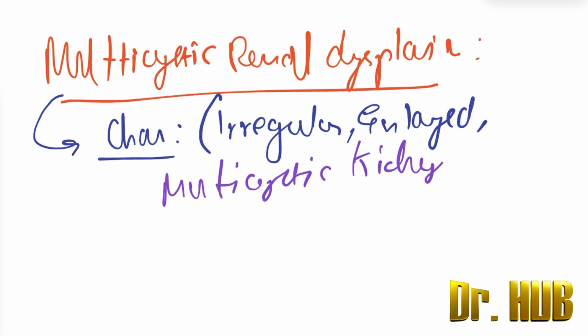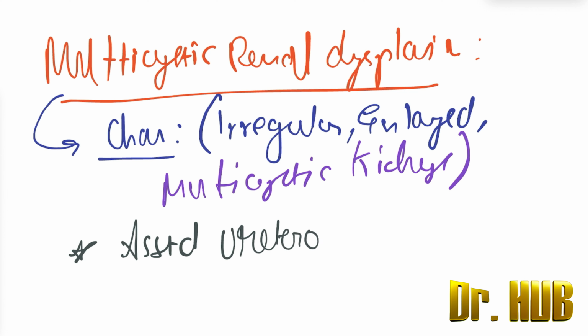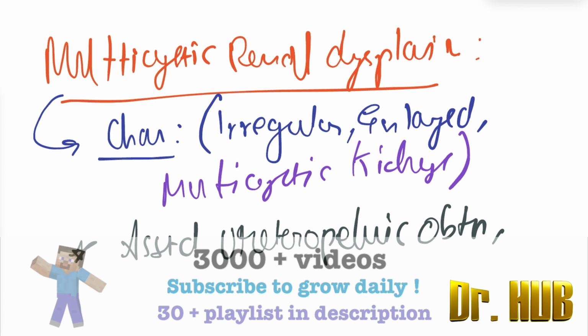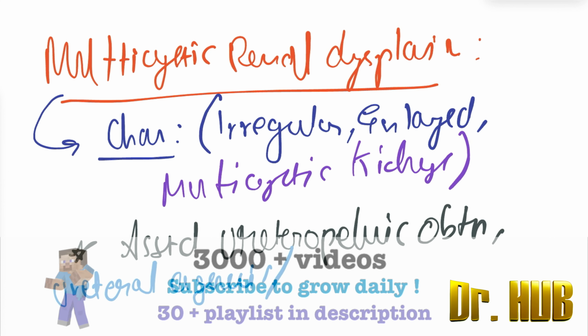kidneys, and it is associated with uretero-pelvic obstruction. Then it also has the urethral agenesis or the atresia.